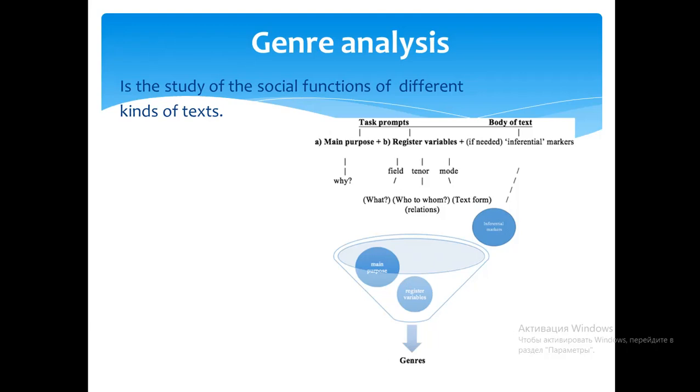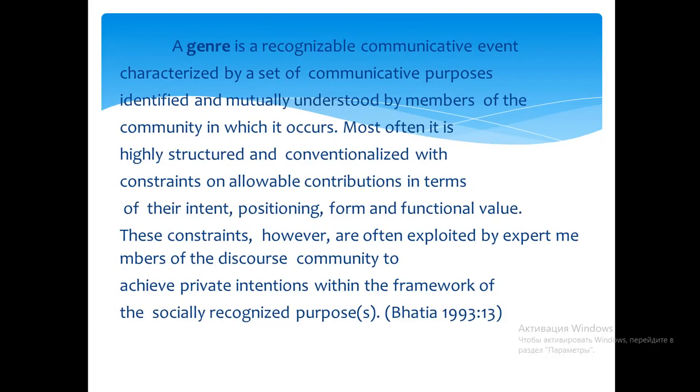In his book Analyzing Genre, Vijay Bhatia, drawing on the work of John Swales, defines genre as follows. A genre is a recognizable communicative event characterized by a set of communicative purposes, identified and mutually understood by members of the community in which it occurs.